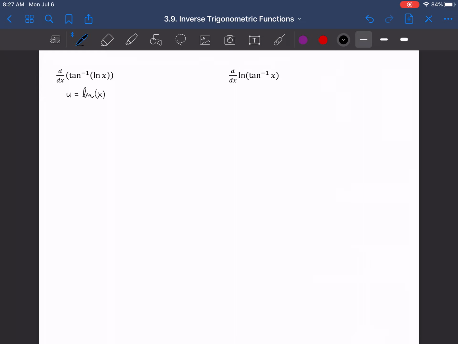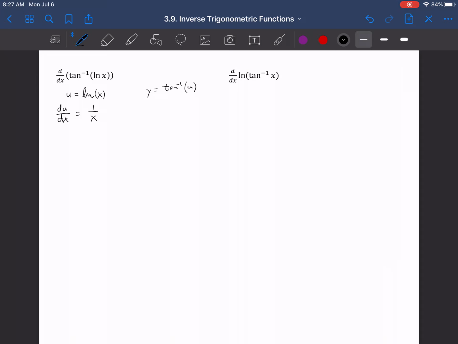If that is the case, then y will become the arctangent of u, just like that. du dx over here is 1 over x. That's the derivative of the natural log of x is 1 over x. And then it's times dx, but again, dx is just 1.